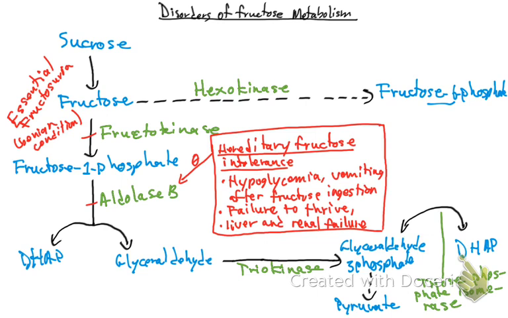Now, if I want to go back to fructose 6-phosphate, what do I need to do? I go from glyceraldehyde and DHAP to fructose 1,6-bisphosphate.